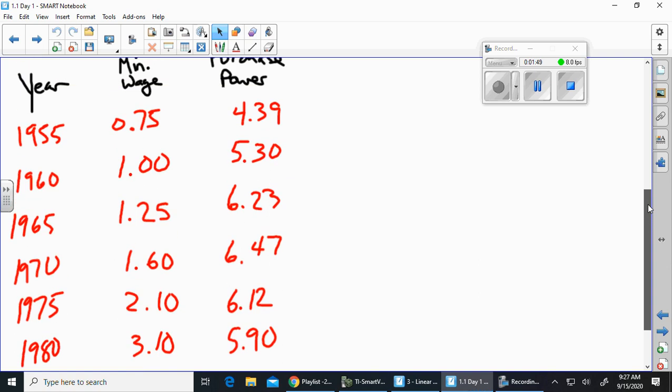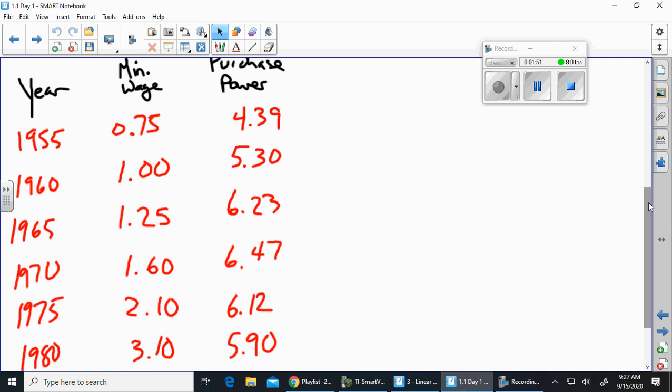You can make some generalizations. As the years went on, minimum wage went up. As the years went on, purchasing power went up, but then it started to go down. So you can just look at data and make some generalizations. I just want you to know, numerical is data.